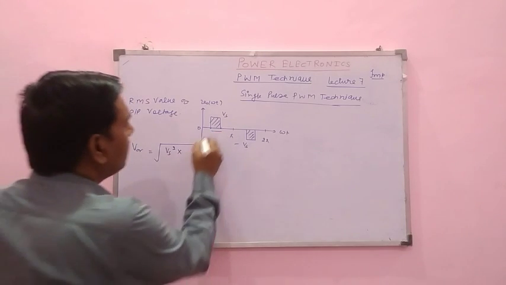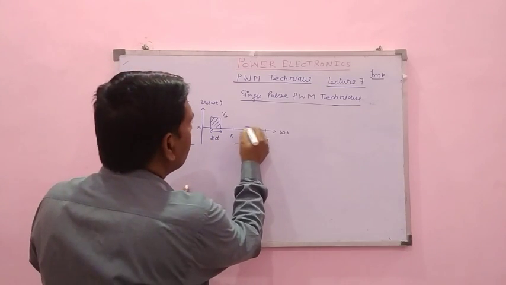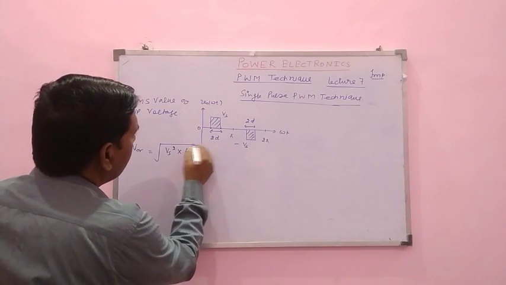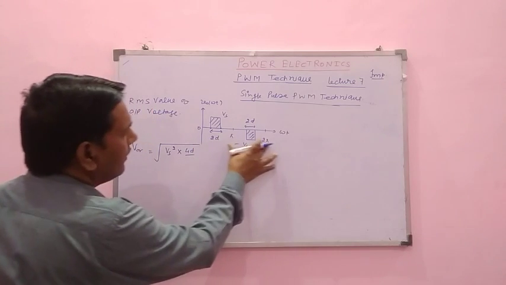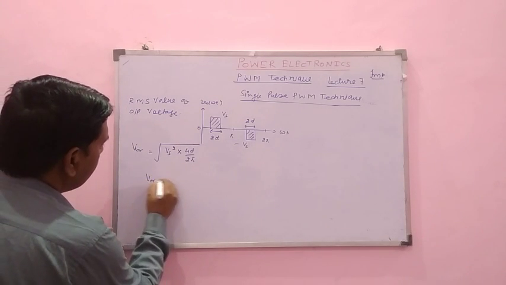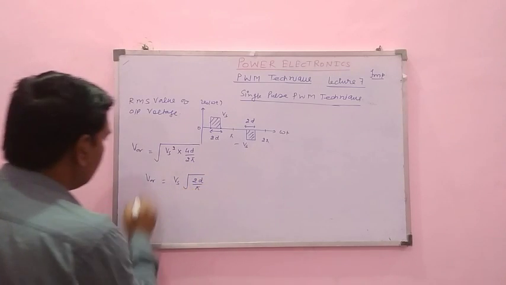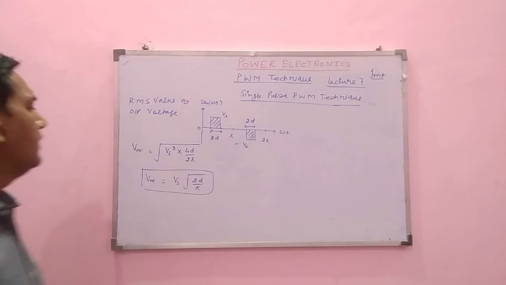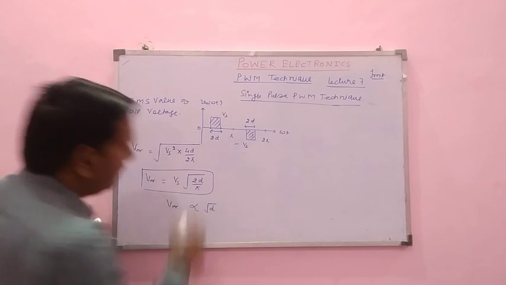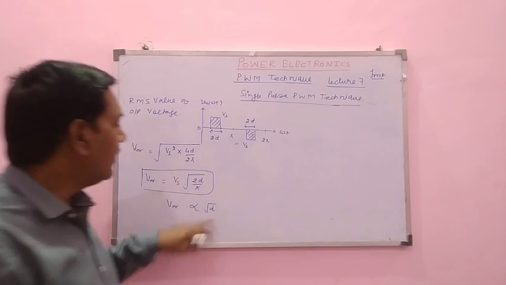The pulse width is 2d and the next 2d, so it is conducting for a total period of 4d, divided by the total cycle time period, that is 2 pi. So V naught RMS is equal to Vs under root of 2d upon pi. So you can see here clearly that V naught RMS is directly proportional to root of d, which is half of the pulse width.